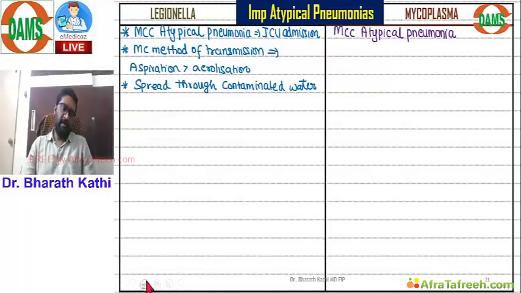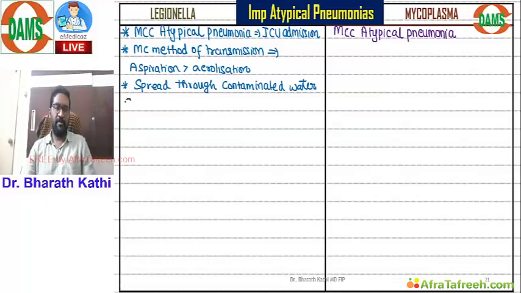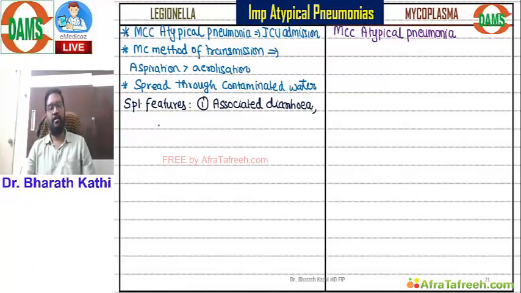Whenever we are discussing about Legionella, you should know some special features by which you can suspect it to be Legionella. So what are the special features? Along with pneumonia, there can be associated diarrhea. So Legionella not only causes pneumonia, it causes diarrhea.